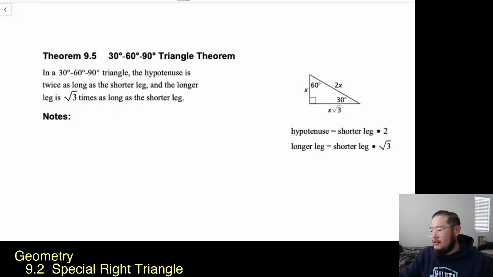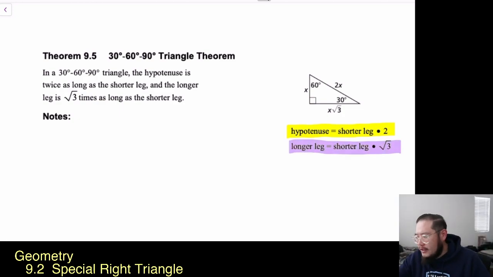The hypotenuse is equal to 2x, or short leg times 2. The longer leg ends up being equal to short leg times rad 3. So you do need to make sure you know all of these. The hypotenuse we'll simplify as 2x, as you could see on the diagram, and the long leg is always x rad 3.